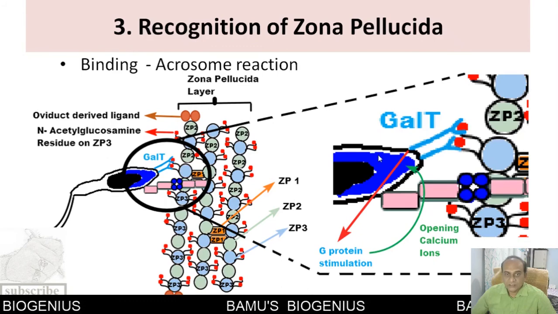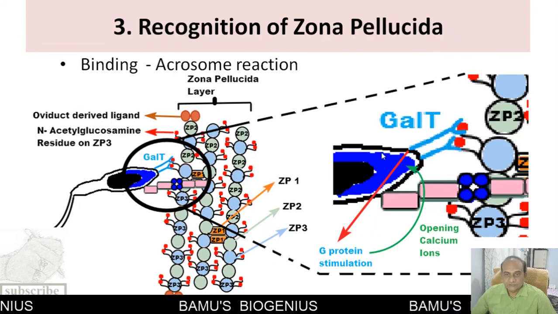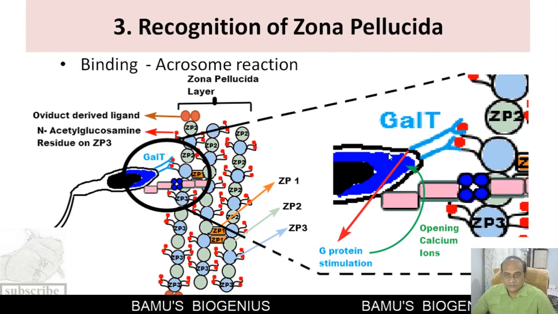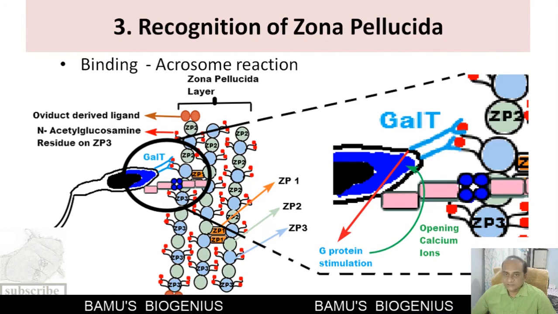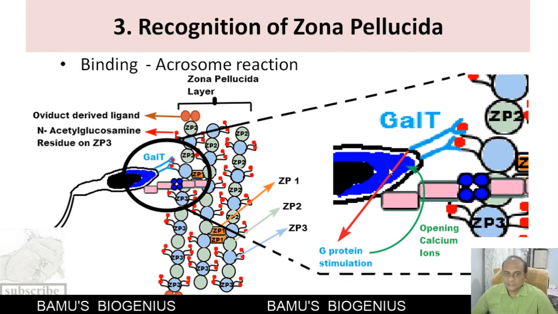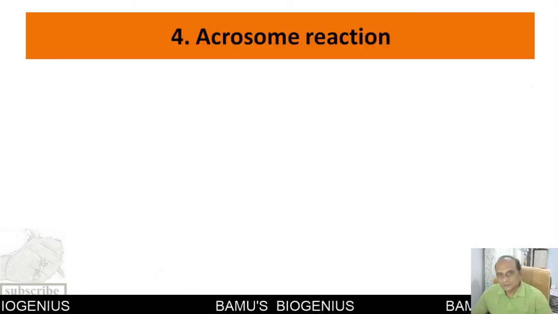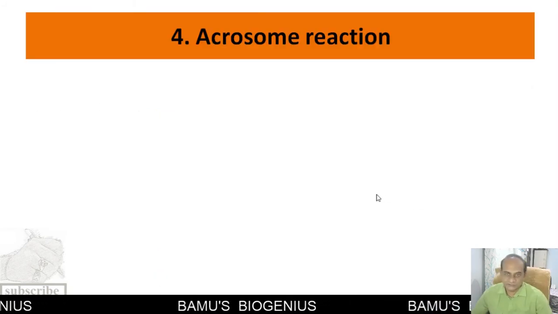At multiple points, this fusion of the acrosomal membrane and the sperm plasma membrane takes place at the head region, and because of that, the acrosome reaction starts. Now, the fourth point is the acrosome reaction.